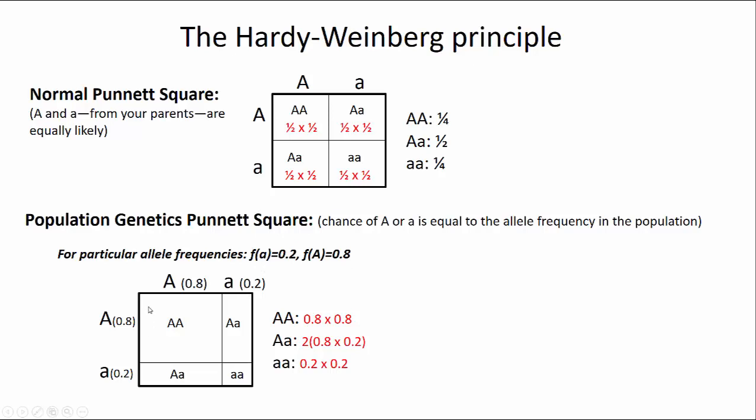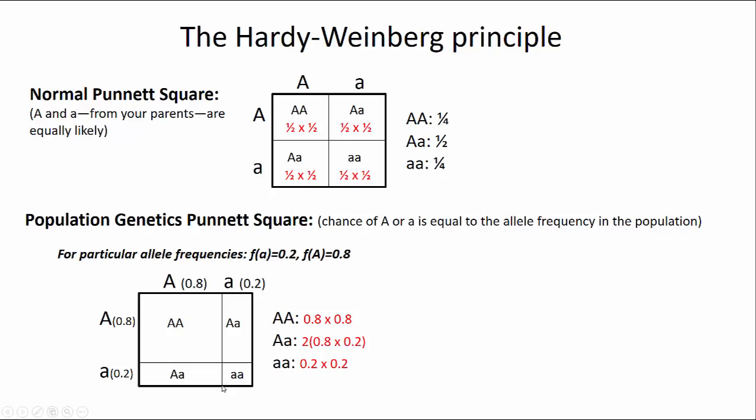In this case, we do the same kind of thing and we think about what's the probability of getting big A, big A. If the allele frequency of big A is 0.8, then the chance of big A from one parent is 0.8, the chance of big A from the other parent is also 0.8, and we would multiply those probabilities together since they both have to be true. The same type of thing can be done for little a, little a.